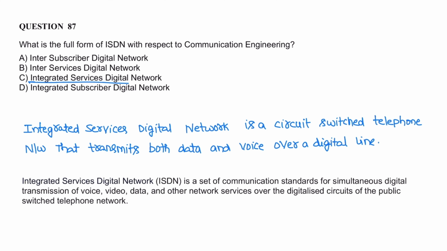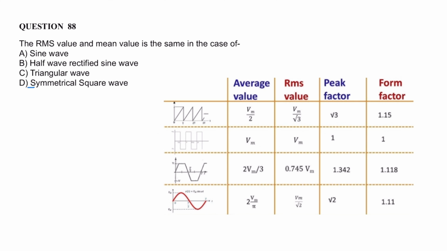Next question. The RMS value and mean value are the same in the case of which signal? For a sine signal, the average value is 2Vm by pi and the RMS value is Vm by root 2. Next, for the ramp signal, the average value is Vm by 2 and the RMS value is Vm by root 3. Similarly for this signal, 2Vm by 3 and 0.75Vm.